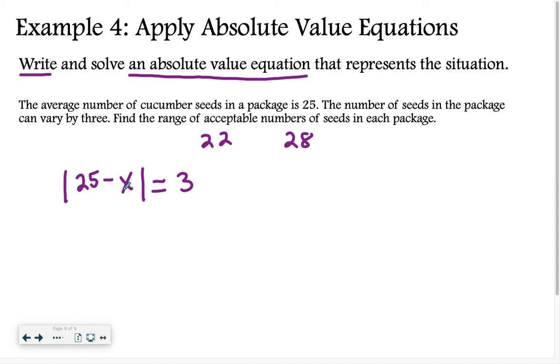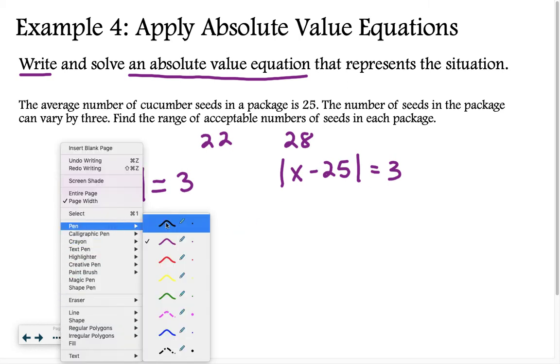So you might have just been able to look at the problem and figure out that the numbers are 22 and 28. But now that I have this equation, I can test it to see, does this actually work? Or maybe you were someone that was thinking, I think you would do x minus 25 because we normally put our variable first. So let's try that. This is what most people tend to just do naturally on their own.